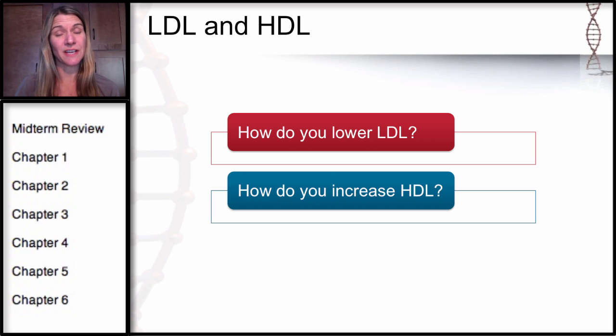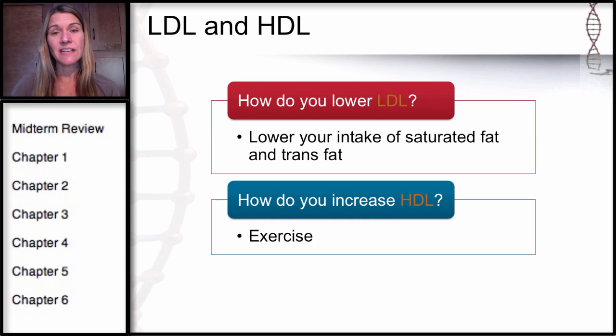And how do you increase HDL? And in general, we think of lowering the intake of saturated fat and trans fat. And I'm going to put a big asterisk here, and we're going to talk about this next. But this is kind of the standard mainstream recommendations. Whereas there aren't that many things that raise HDL in the diet. For some people, polyunsaturated fatty acids will do this, but exercise will increase HDL in some people.